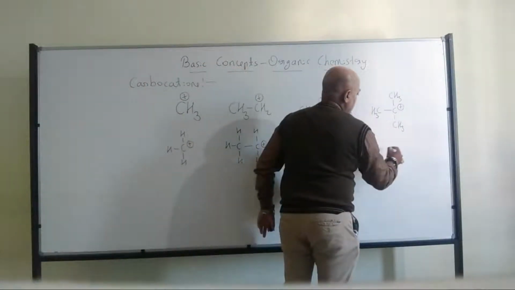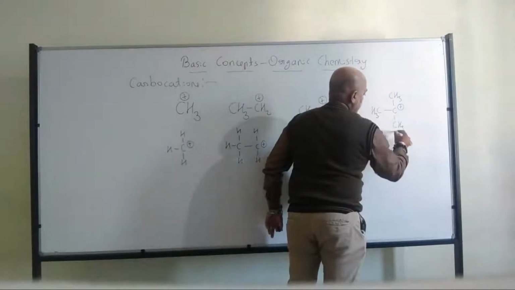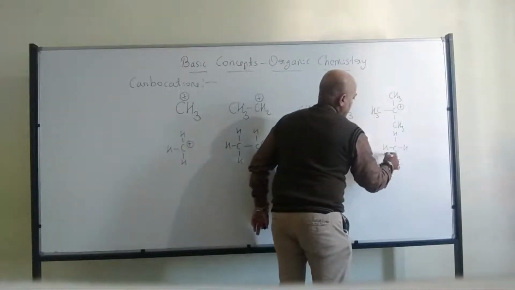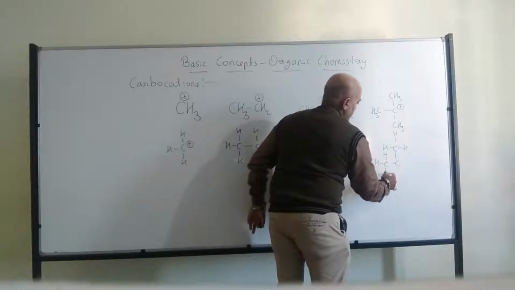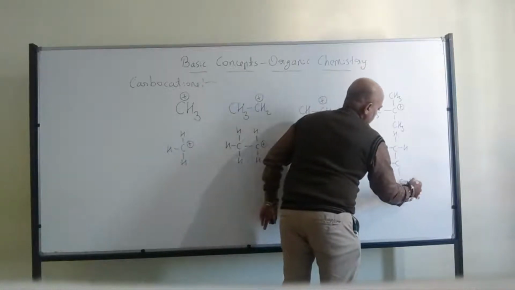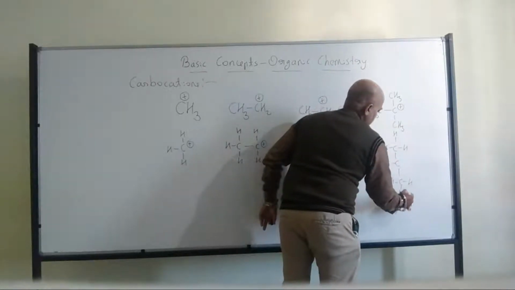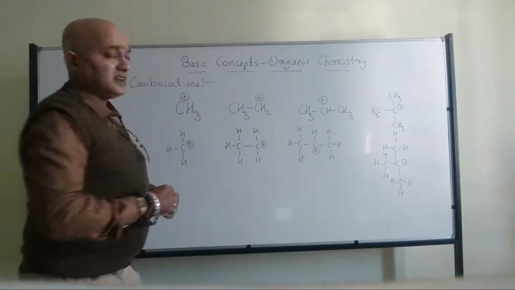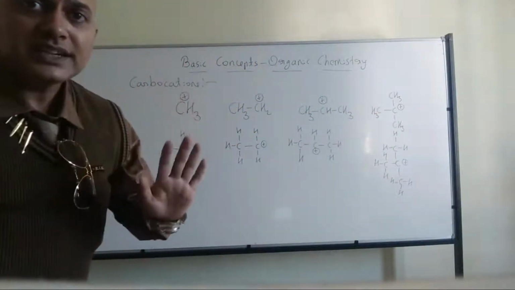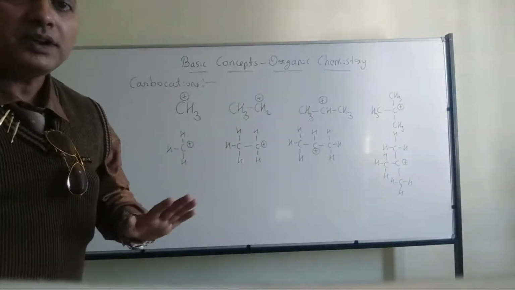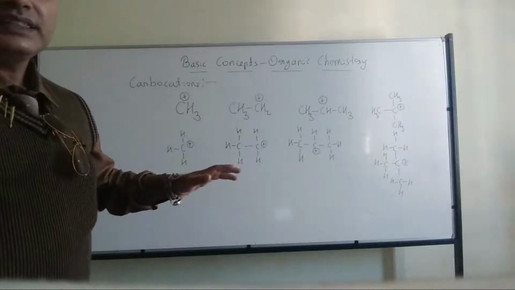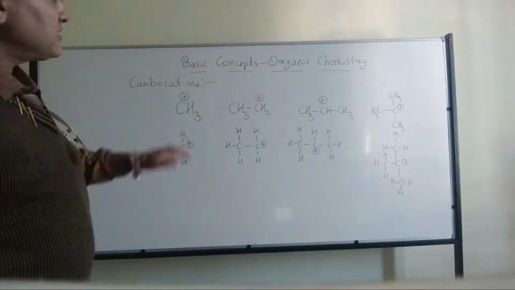But if I come to here, the carbon is attached with only carbons, no hydrogens. Carbon is attached with only carbons. Which carbon am I telling? Carbocations. All of you are understanding? All of you can see the board? So that's where I have the differences between them.